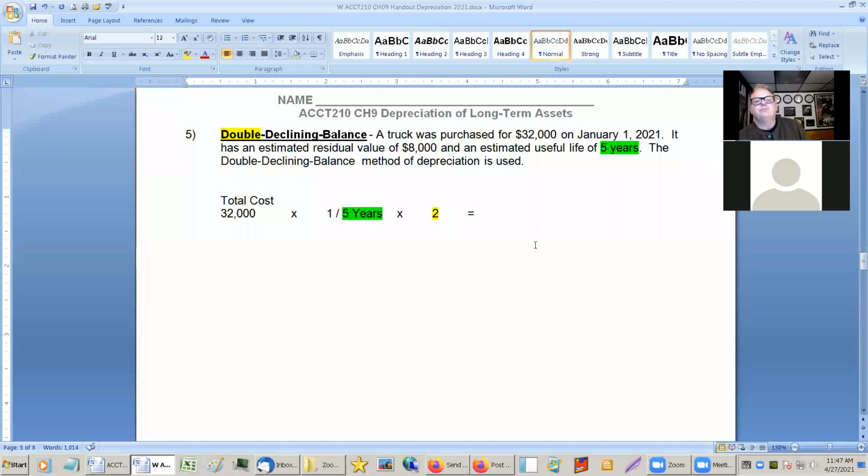Equals the depreciation expense for the first year.